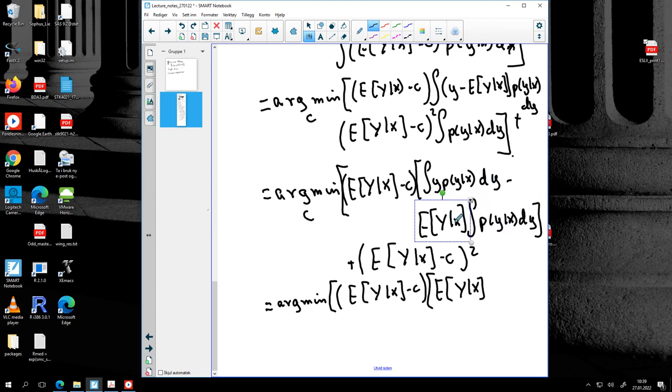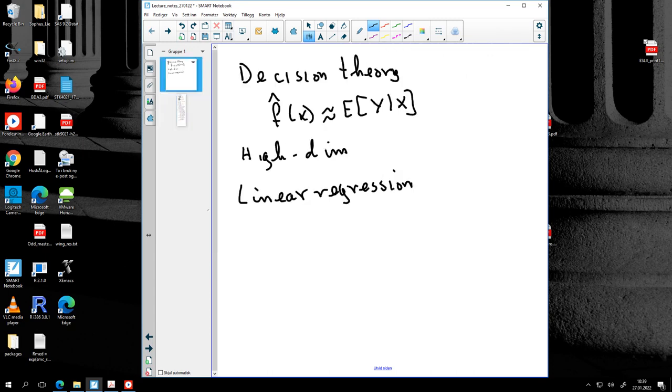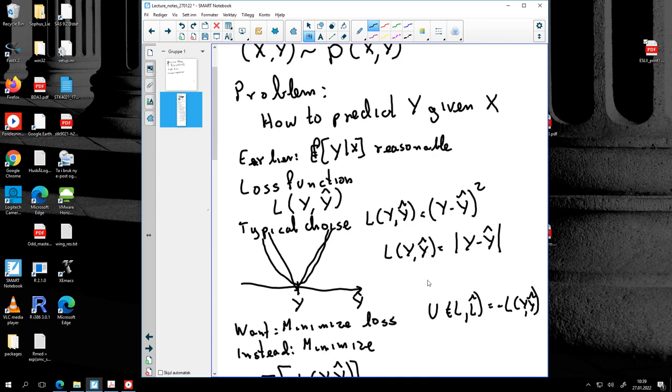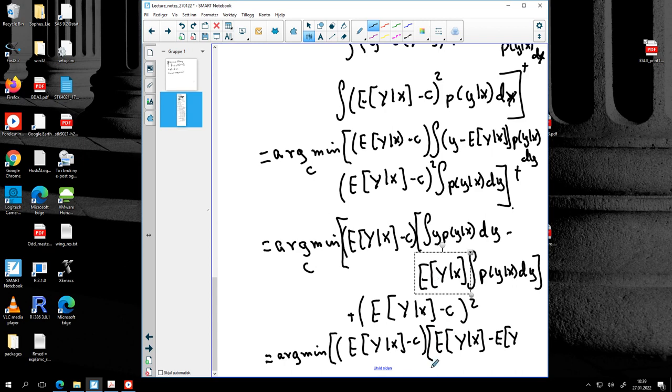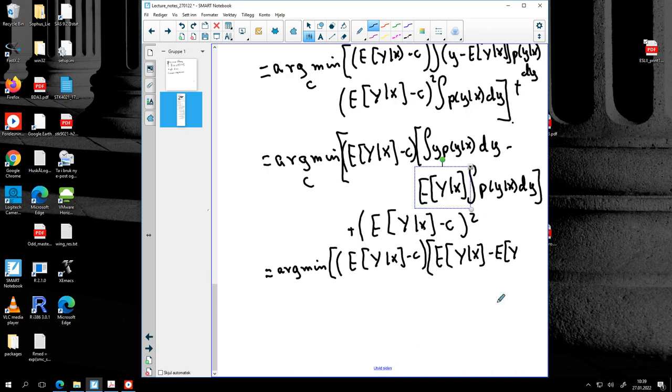And then if you look at this part, this is also the expectation of y given x times this integral, but this is the same integral as before, it's just 1. And then we get the expectation of y given x minus c, squared.